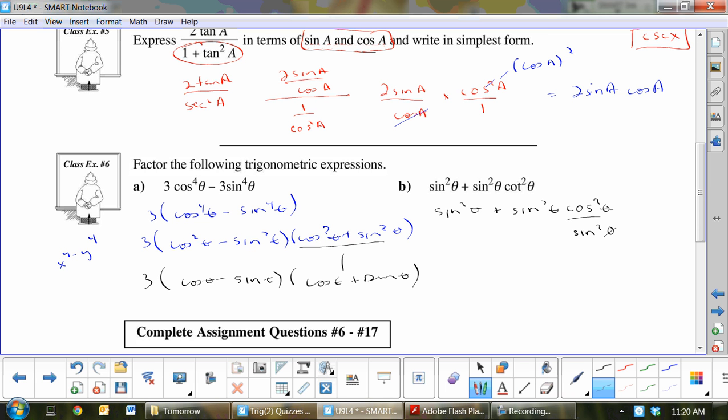So now you're going to see why this is kind of a nice move. And what are you left with? Sine squared theta plus cos squared theta. What does this all equal? 1.